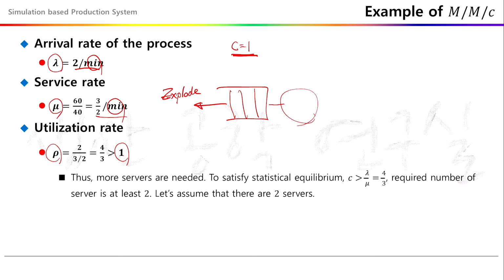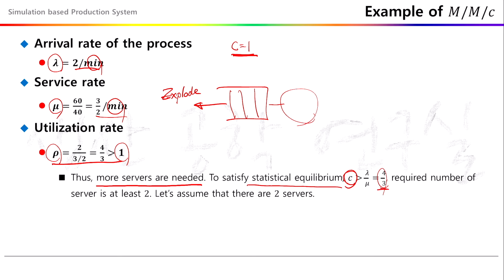If it's going to be a practical case, this means that more servers are needed to satisfy the statistical equilibrium. So in this case, lambda over mu is 4 over 3, and the number of servers has to be bigger than this as an integer.